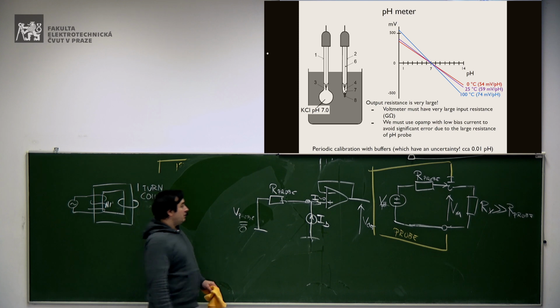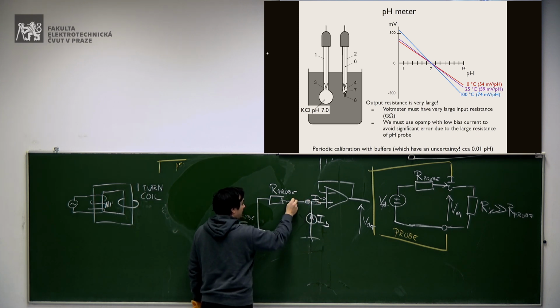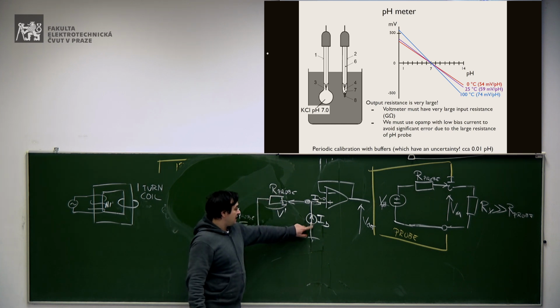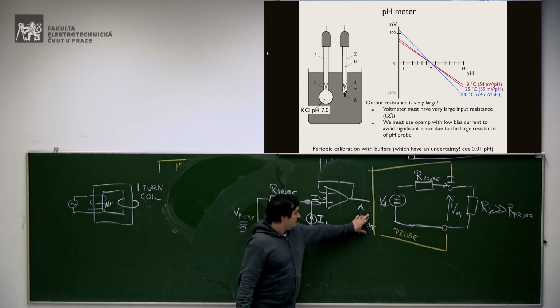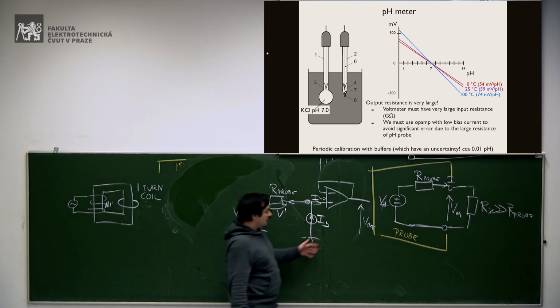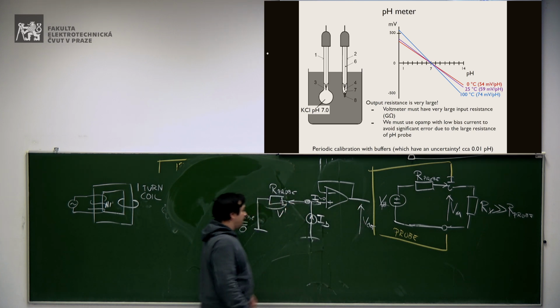And you see that the current cannot enter in this ideal operational amplifier. It will flow here, and it will generate a voltage V prime, which is given by the resistance of the probe times this current. And this voltage, therefore, then will be replicated by the voltage follower, brought out here at V out, okay?